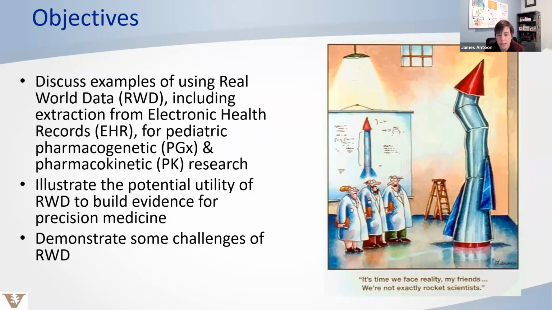I am a simple scientist, as shown in this cartoon. I am not a rocket scientist, and pharmacogenomics is not rocket science. I think you'll all be convinced of that by the end. It is something you have to gain a little bit of wisdom about as you use these types of data, though, so that your rocket doesn't end up looking quite like that one in the picture. So next slide, please.